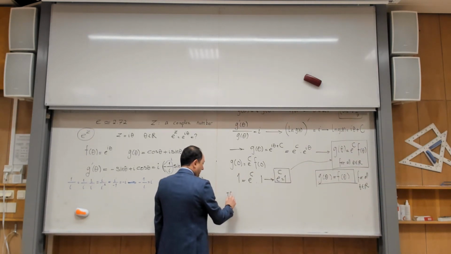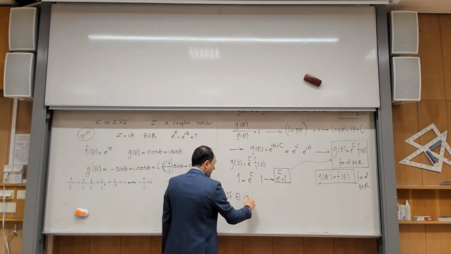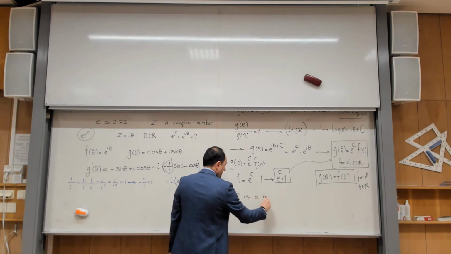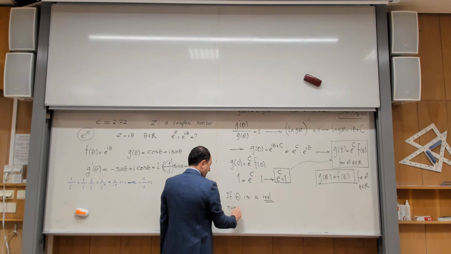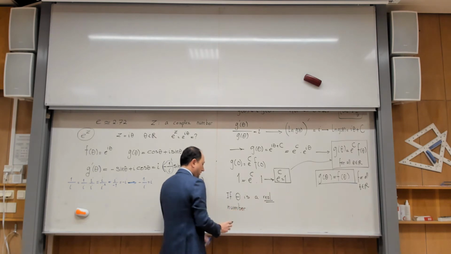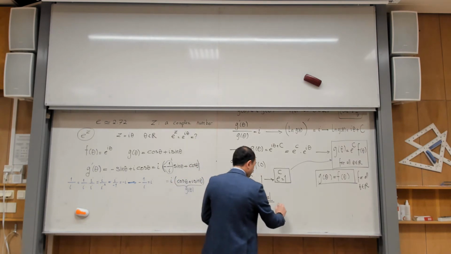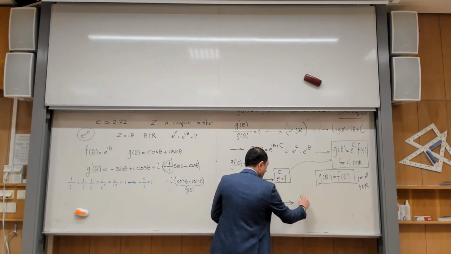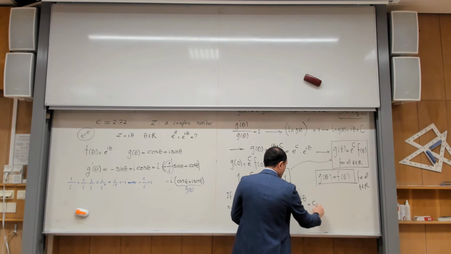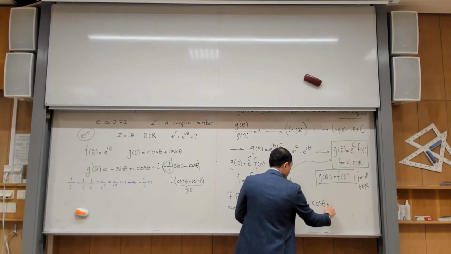If theta is a real number, then e to power i theta is equal to cosine theta plus i sine theta.